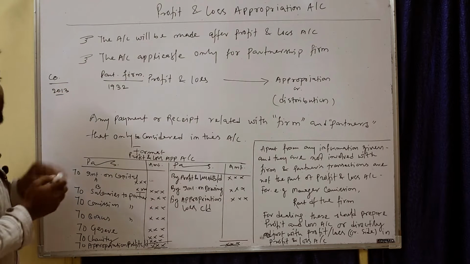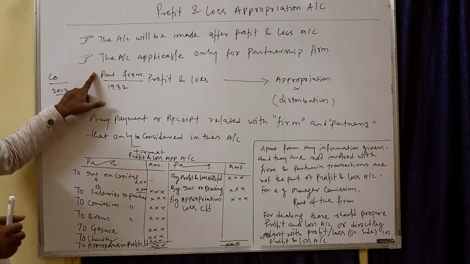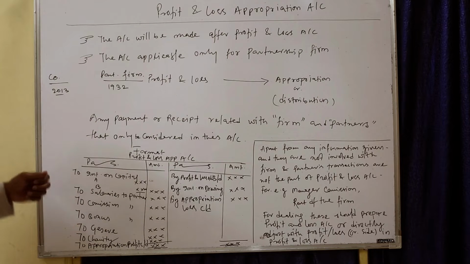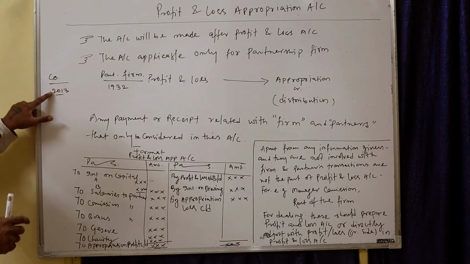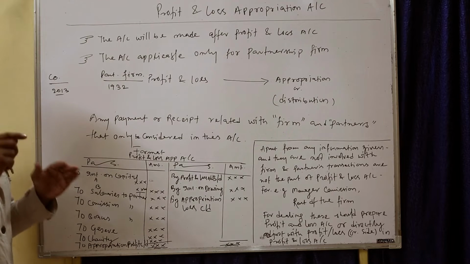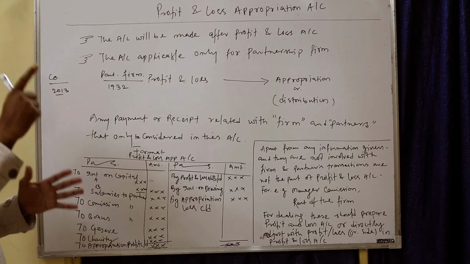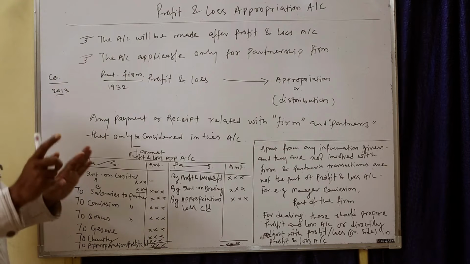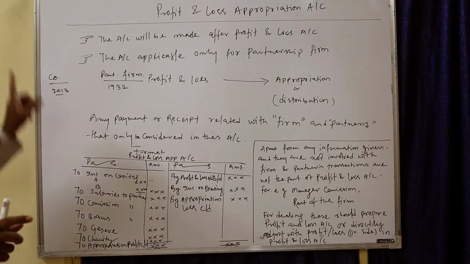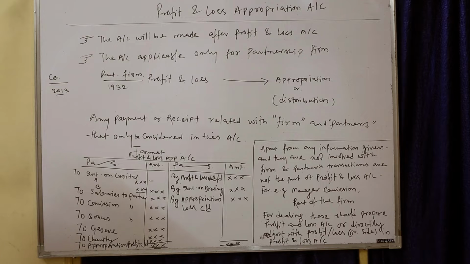In a company the owners are shareholders, and in a partnership firm the owners are partners. The shareholders are not doing any day-to-day activities in the company; for the running or operation of the company, the shareholders do no work. But in a partnership firm, definitely the partners do that work.